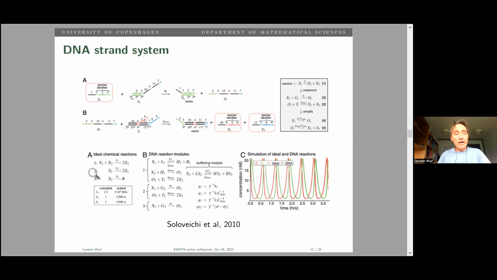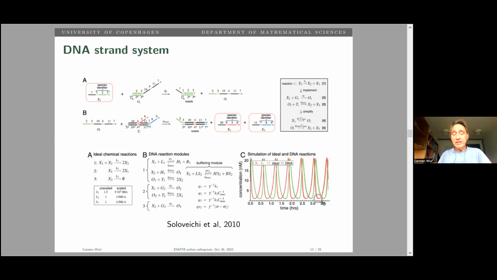And they further showed that, for example, if they took a well-known system like the Lotka-Volterra system, you see at the bottom part in display A, the corresponding DNA strand system is shown in B. It consists of more reactions than the original one, but they then showed by simulation that the dynamics is essentially the same. So the solid lines, the red and green solid lines here, are the concentrations of the 2 different species in the Lotka-Volterra system in A. Over time, it shows oscillatory behavior.